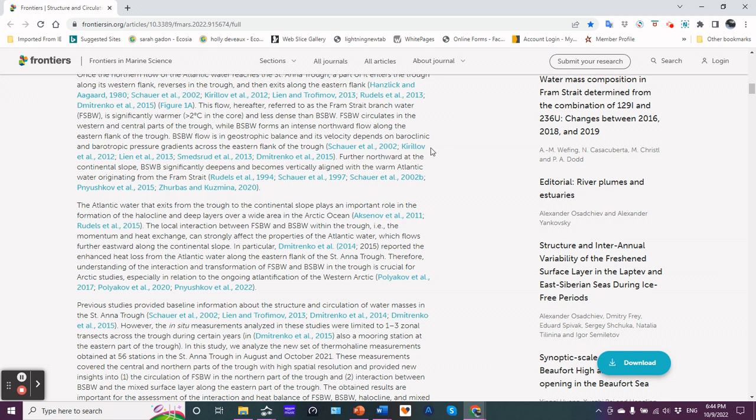Baroclinic is when the pressure gradients intersect the isopycs. It doesn't even have to be perpendicular, just simply intersect. So that's what is meant here. Barotropic is a lot easier to analyze. Baroclinic gets challenging. But I hope I didn't confuse you guys, but that's basically what it comes down to.